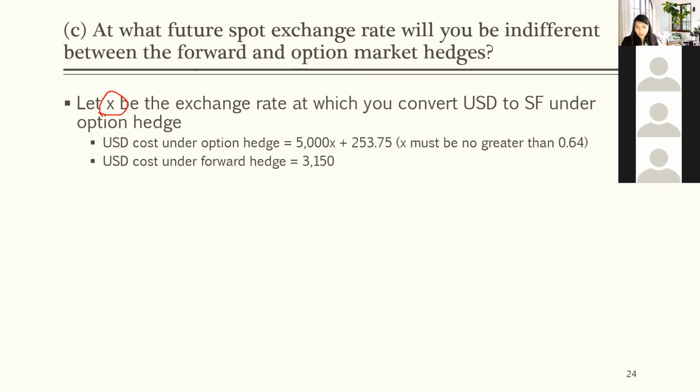So under the option hedge, if we let X be the exchange rate at which the two are the same, then we can rewrite the USD cost of the option hedge as 5,000 times X plus the premium cost. 5,000 here is the amount of Swiss francs we have, the notional amount.